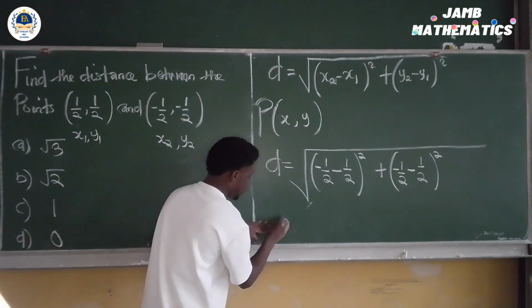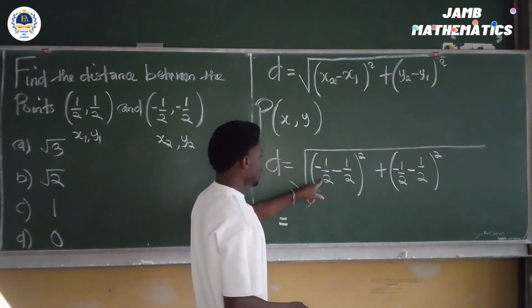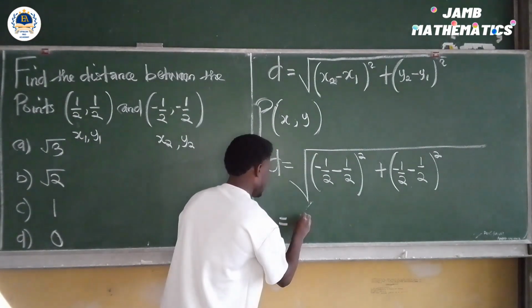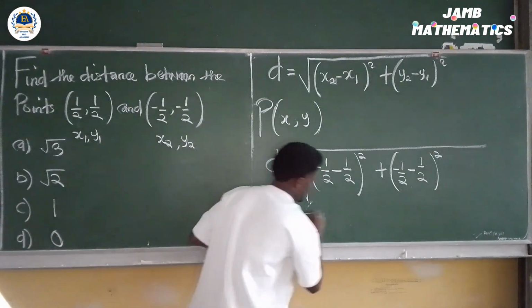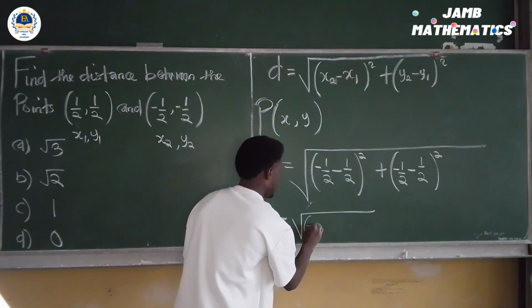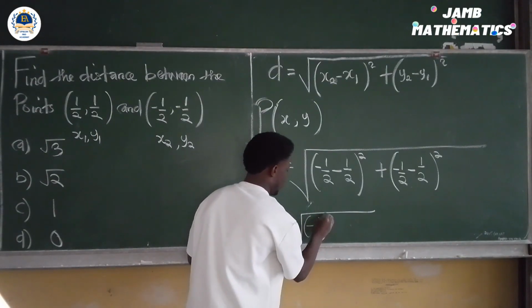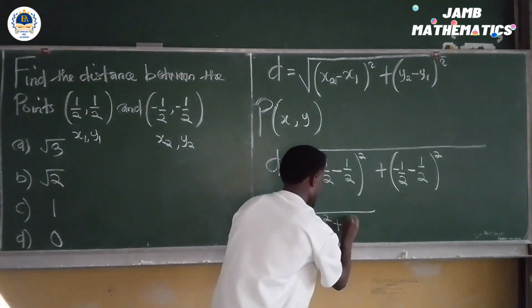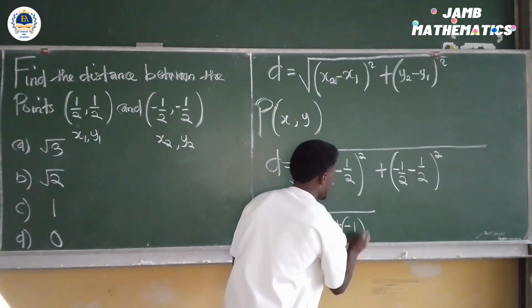So this gives minus 1 over 2 minus 1 over 2 gives minus 1 squared plus the same thing here, minus 1 squared.